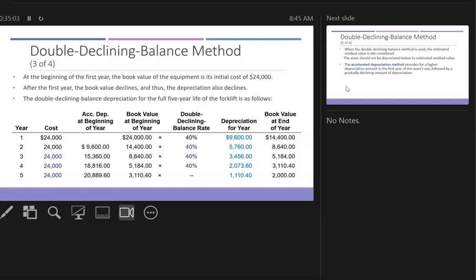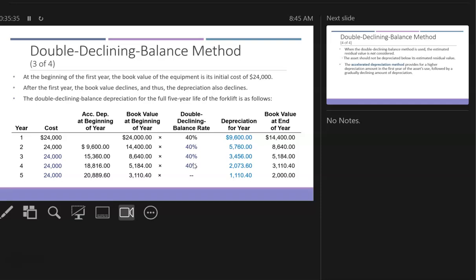We take the cost of the asset, we divide it by the straight line method, and multiply it times 2. The reason we took 40% here is this forklift was a 5-year property. And how much would we normally take for straight line for 5-year property? 20%. But since we double it, do you see why we take 40%?